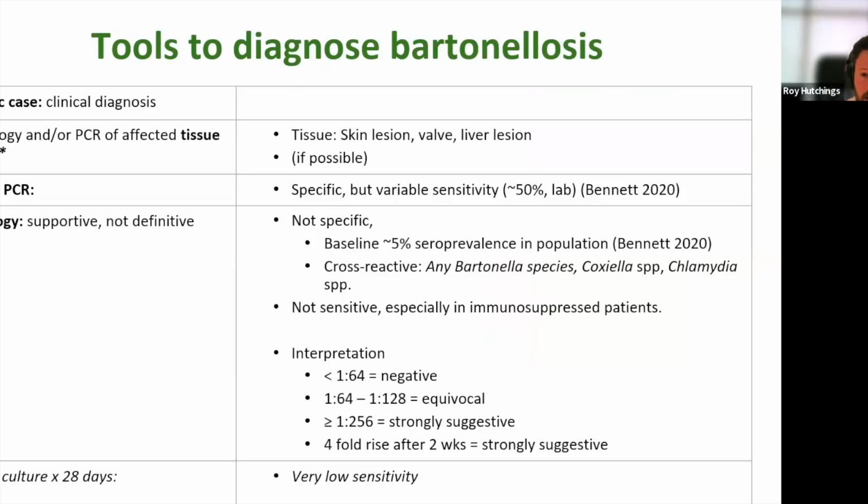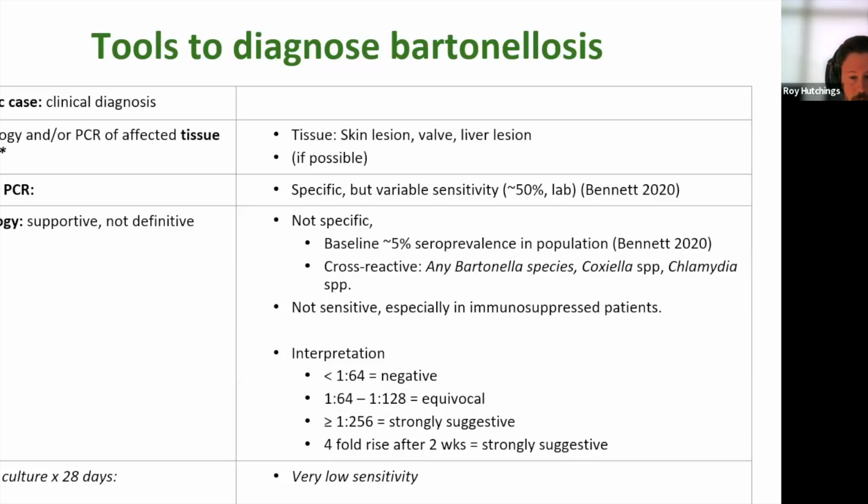And the best will be a biopsy of affected tissue with histology and PCR for Bartonella. This could be a skin lesion, a valve piece, or a liver biopsy. But in many cases of Bartonellosis, it presents just as a fever without a specific organ manifestation, and you don't really have a target to biopsy.